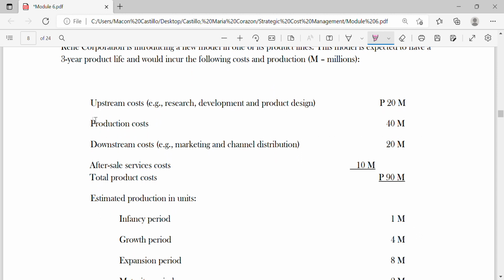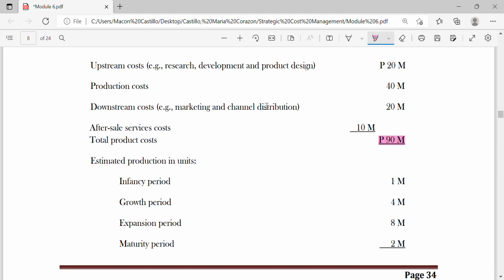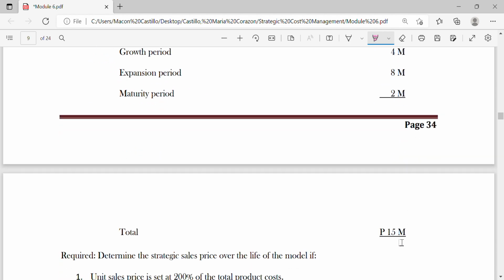For the 4 categories of cost: upstream cost 20 million, production cost 40 million, downstream cost 20 million, and after-sale service cost 10 million, for a total product cost of 90 million. In the estimated production in terms of units in the different stages from infancy to maturity, we have 1 million, 4 million, 8 million, and 2 million respectively, for a total of 15 million.